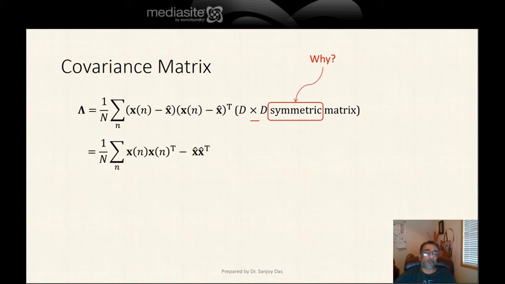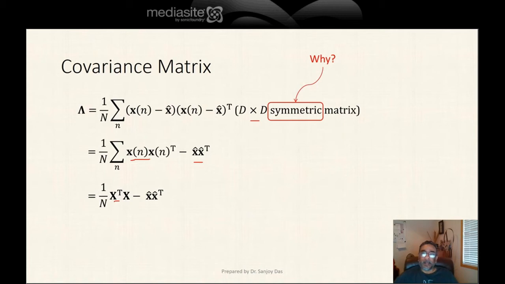So simplifying this expression further, we get 1 over n summation xn xn transpose, minus x hat x hat transpose, and this second term here is outside this summation sign. This simplifies to 1 over n X transpose X, where this is the data matrix uppercase X, minus x hat x hat transpose.